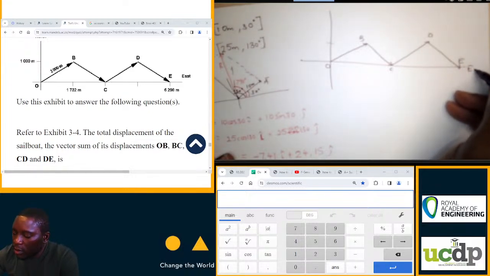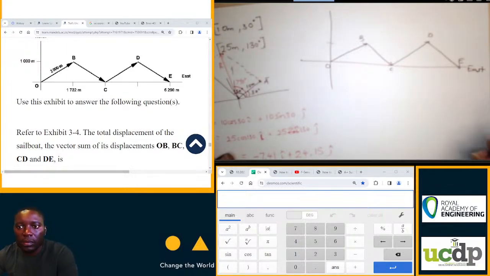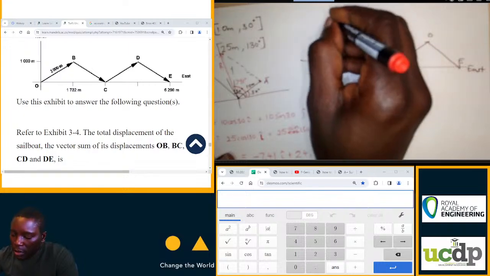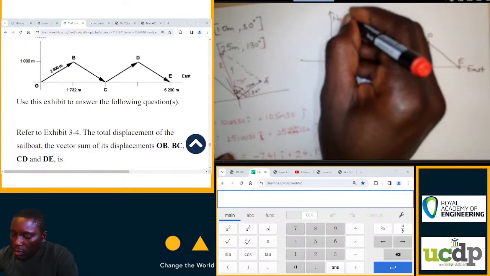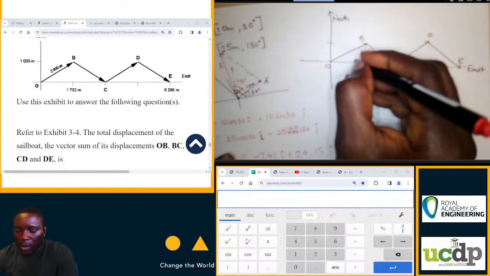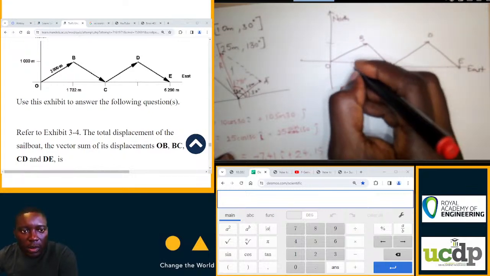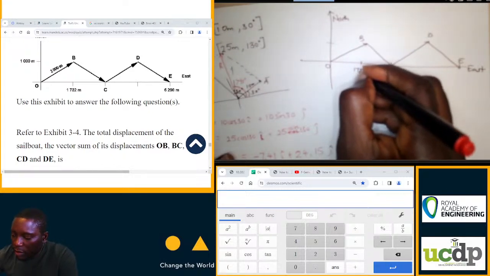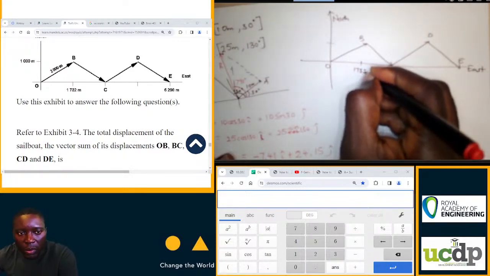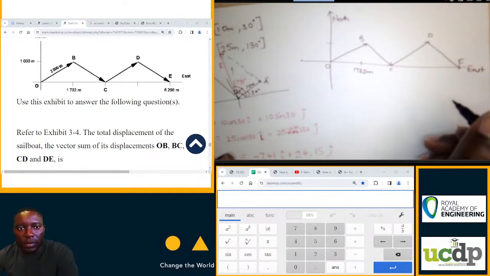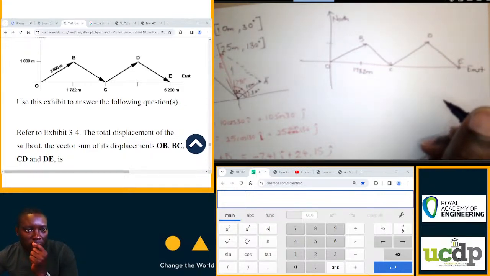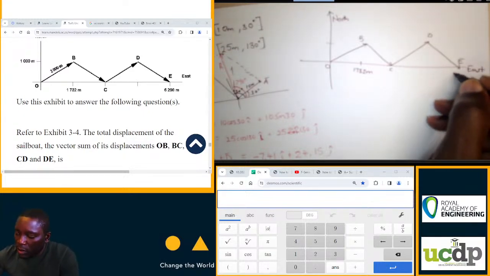And this is the east, and definitely north. And this, we are told that point is 1732 meters. And this one is 6298.